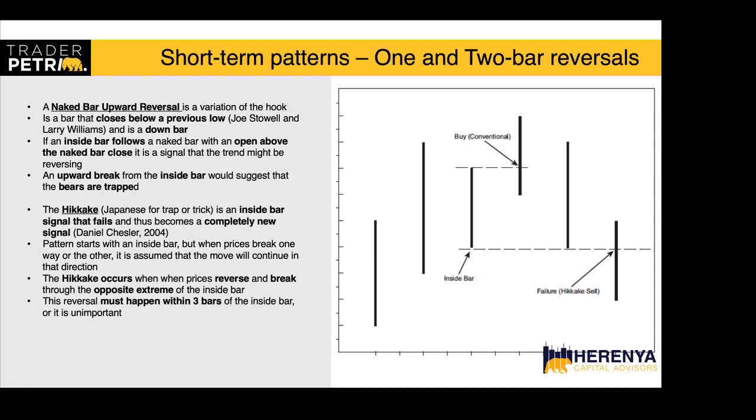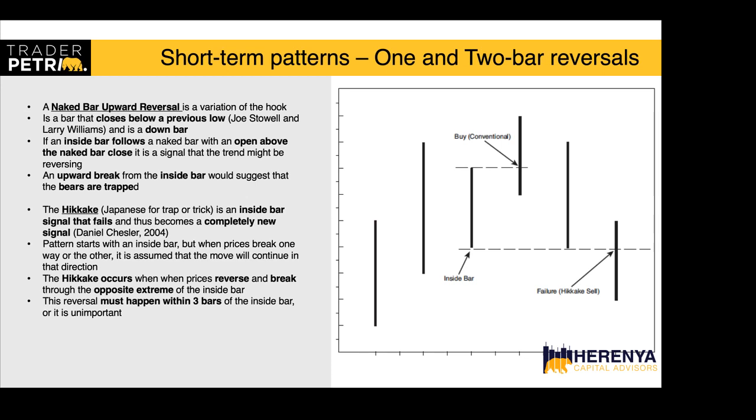Then we have something called a naked bar upward reversal, which is a variation of the hook. Basically, it's a bar that closes above the previous day's low and is a down bar. If an inside bar follows a naked bar with an open above the naked bar close, it is a signal that the trend might be reversing.